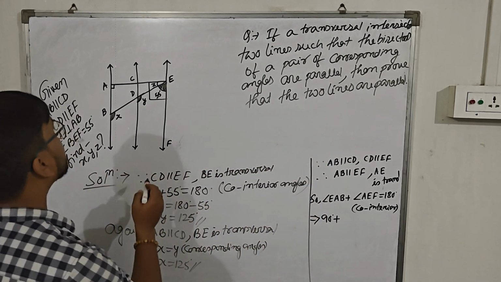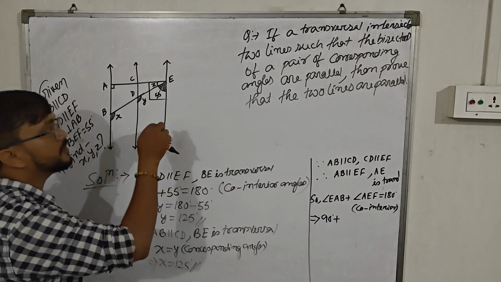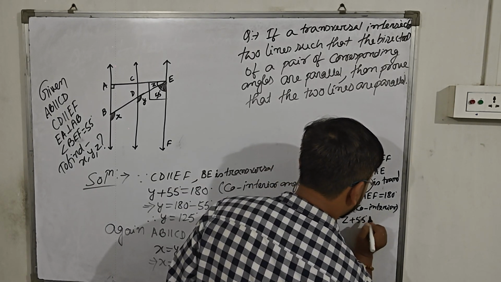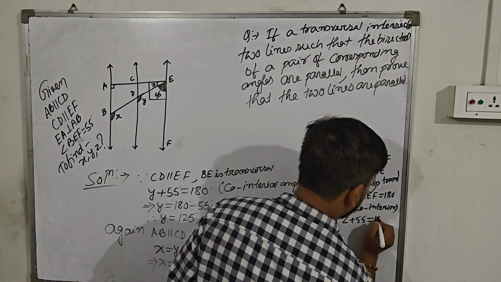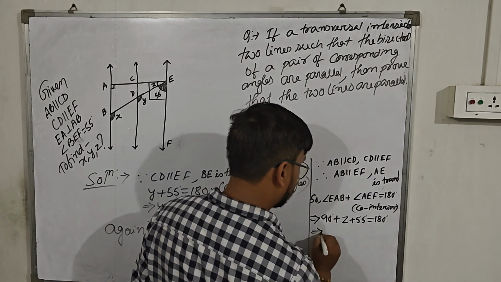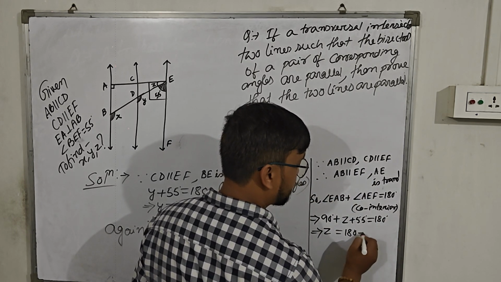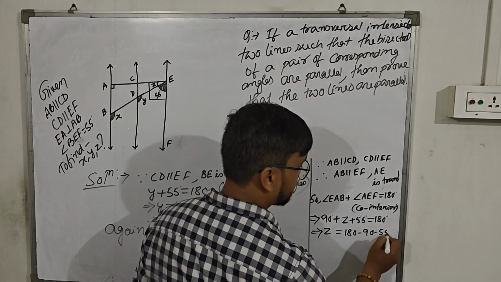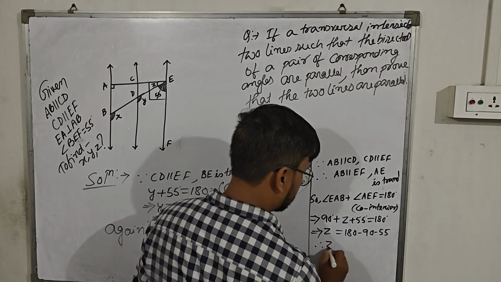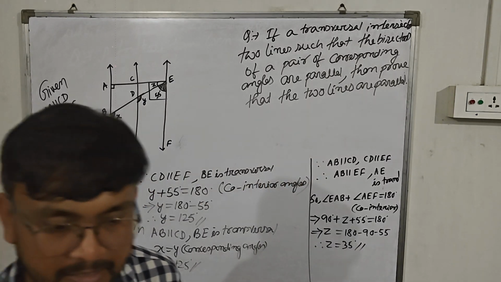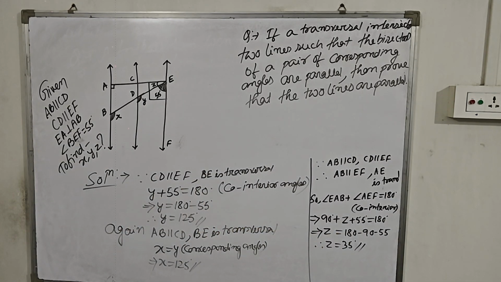AEF, as you can see, AEF is the combination of Z and 55 degree. Fine. And this is 180 degree. So I can write Z equal to, if we rearrange, 180 minus 90 minus 55. Z is equal to 35 degree. This is the complete accurate solution.